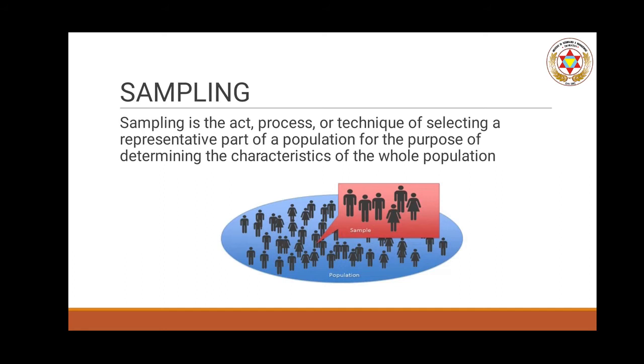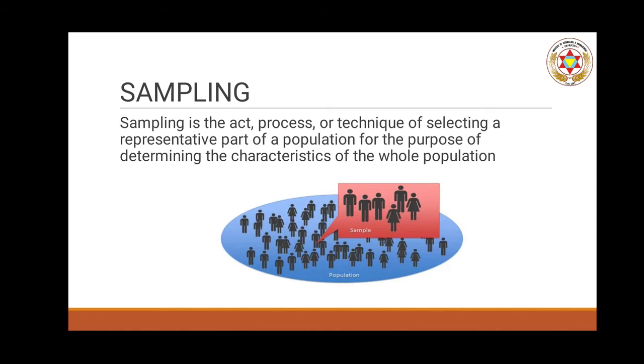Here a sample is a part of the total population. It can be an individual element or a group of elements selected from the population, and it represents the population and is suitable for research in terms of cost, convenience and time.